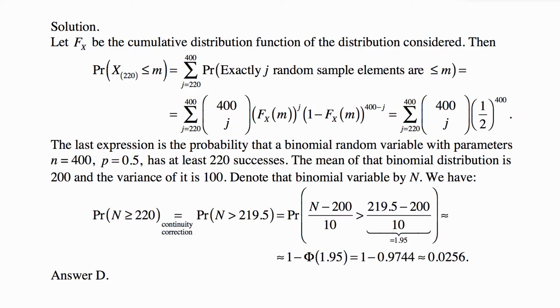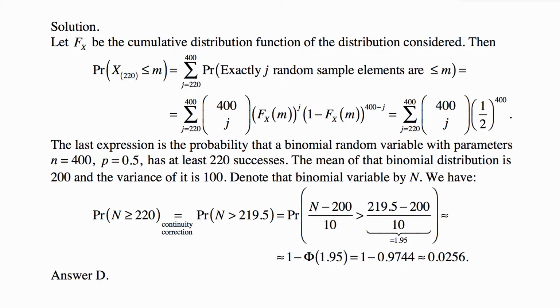The second thing is this counting of successes. At least 220 successes. What's a success? A success is a piece of the random sample that is less than or equal to m. X(220) being less than or equal to m means that we have at least 220 successes. All the pieces up to 220 are less than or equal to m, and X(220) is less than or equal to m.